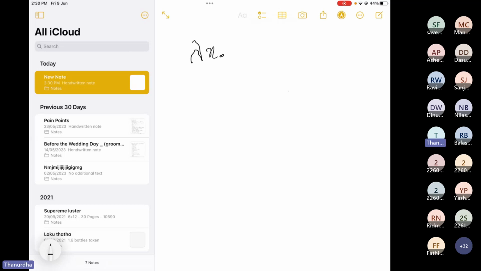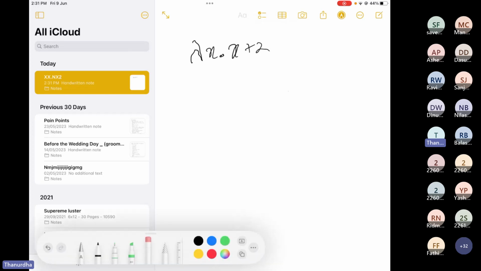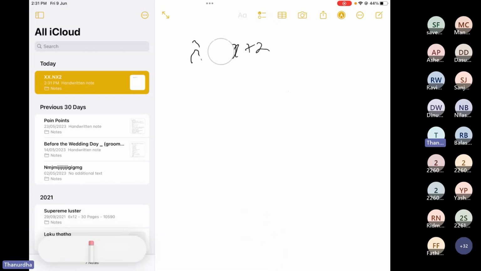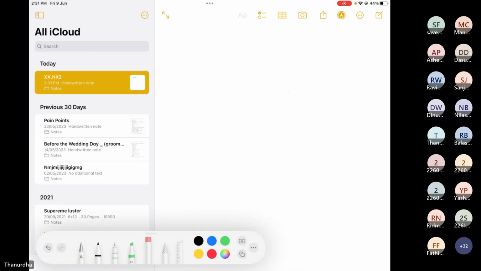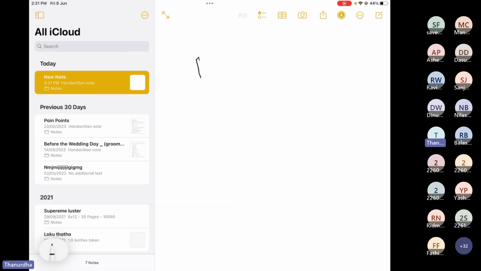Then, according to the question, the simple function should add 2 to the variable, so the output is calculated as x plus 2. This is how we write the function. I will clearly write it for you: lambda x dot x plus 2. This is the function that we write.